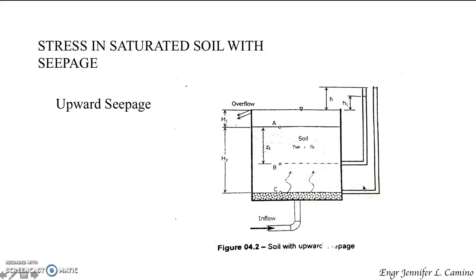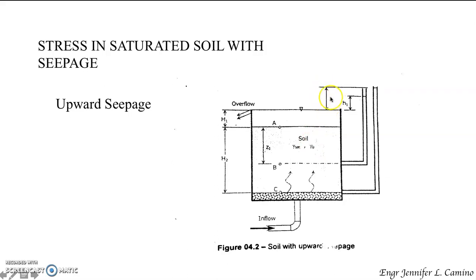The loss of head caused by the upward seepage between the levels of A and B is small letter h. Meaning, the rate of the water supply in this tank is constant, and the loss of head here is denoted by h.